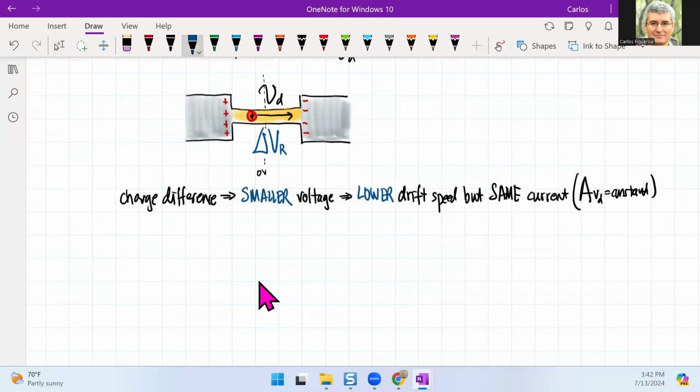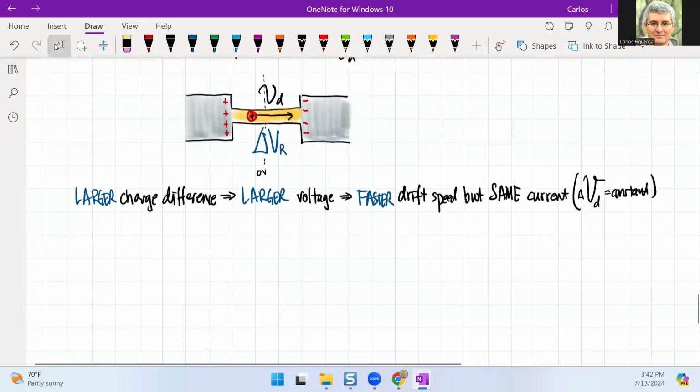I now have a larger charge difference. As a consequence, I'm going to get a larger voltage. But we knew that because we started saying that this had to be a faster, higher drift speed, but the current has to be the same. So now the big difference here is that I have a little area, but I have a huge drift velocity.